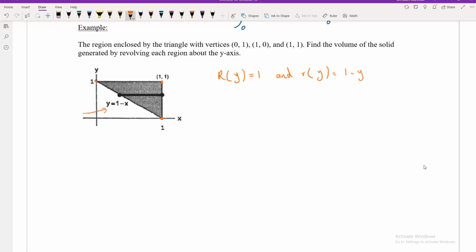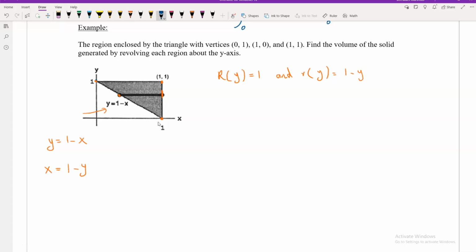What we have here is y equals 1 minus x, that means x is equal to 1 minus y. So this is what we have for the inner radius. Again, revolving about the y-axis, x equals 1 is the outer radius, and x equals 1 minus y is the inner radius.